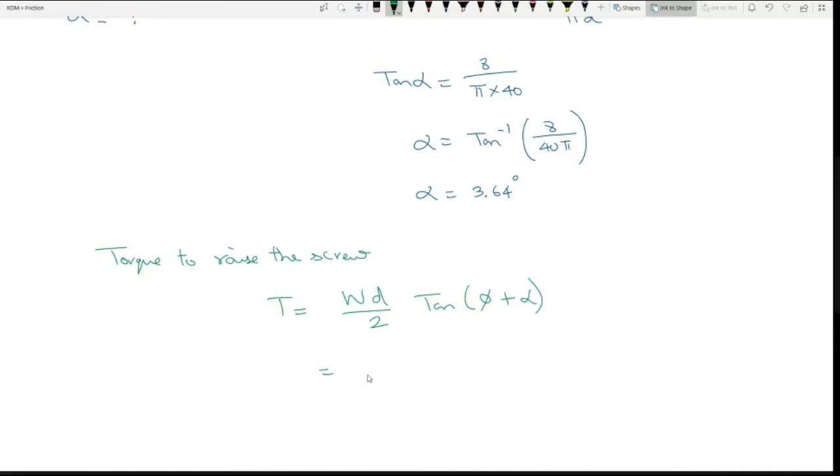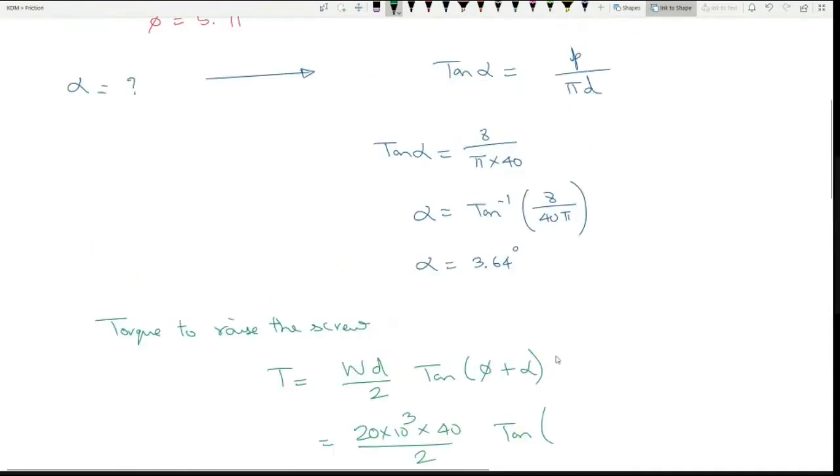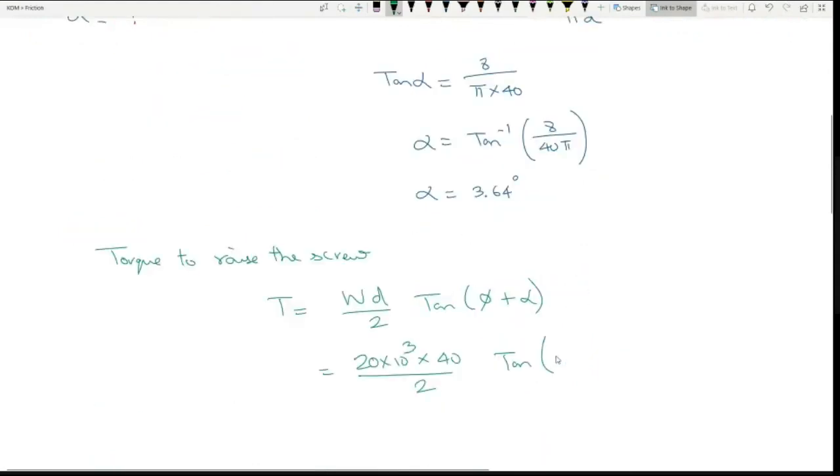W is 20 into 10 power 3, into D which is 40 divided by 2, tan of 5.71 plus 3.64.